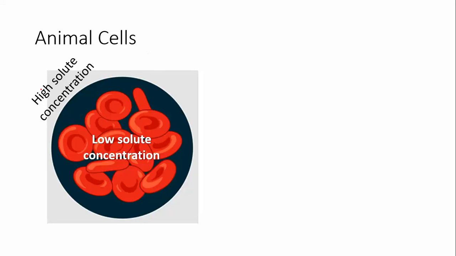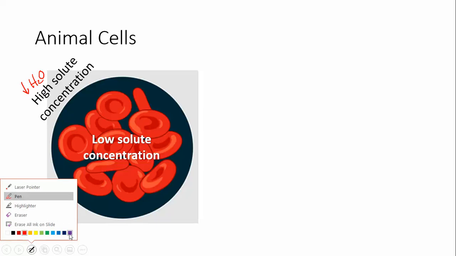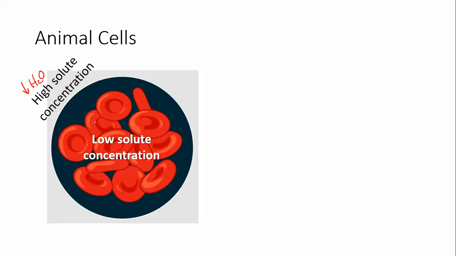So remember, if we have high solute, that means we have low water. If we have low solute, that means we have high water. Water is always going to move from either a hypotonic solution to a hypertonic solution, or from a high water potential to a low water potential, or from where there's more water to where there's less water.